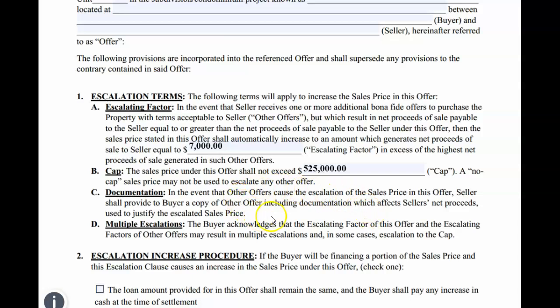They must show that there are other offers. They must give you documentation of that other offer to prove why you had to move up. And it is possible that there are other escalator clauses as well, so we could potentially be moving up right up against this factor.